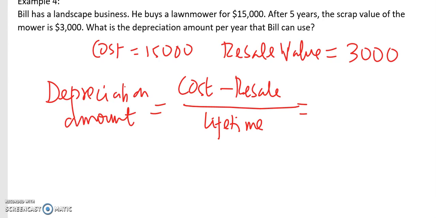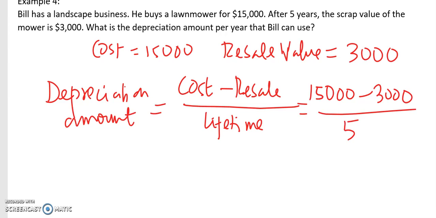In this case, it is going to be 15,000 minus 3,000, that is 12,000, divided by 5. That is going to be equal to 2,400.